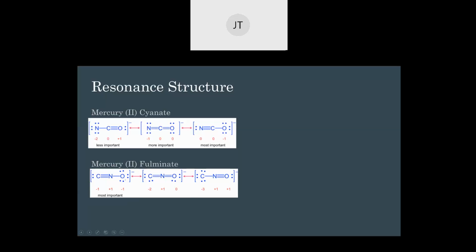As well, we can see this for the mercury fulminate, that the formal charges are different. We can see here in the mercury 2 cyanate that the last one is the most important because the negative charge is on the more electronegative atom, which is the oxygen.